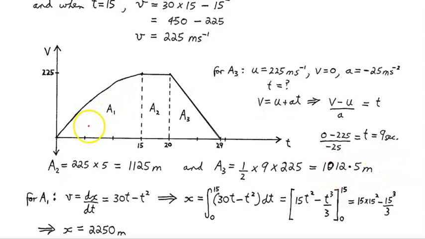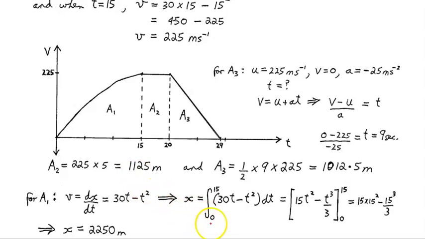Now for area 1, to find the distance travelled there, we need to look at the integral of the velocity function. We need to anti-differentiate it, which gives us the position function. So v is dx/dt equals 30t minus t squared. We need to find the area under this curve, and that will give us our distance travelled or displacement, since they're both in the same direction.